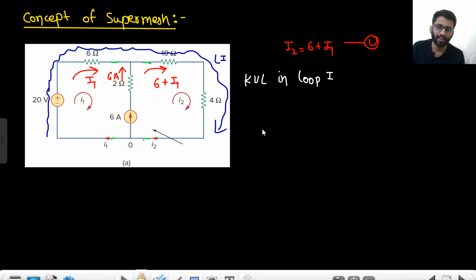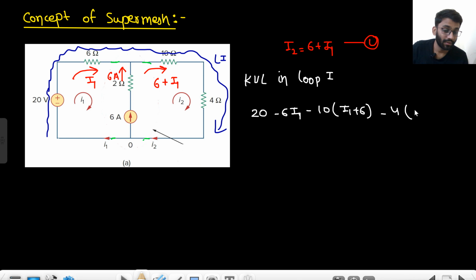So we start from here. This is 0, so 20 minus 6 I1 minus 10 into (I1 plus 6) minus 4 into (I1 plus 6). Or basically in the 14 ohm resistance, 10 ohm plus 4, you have 6 plus I1 current, so 14 into (6 plus I1).